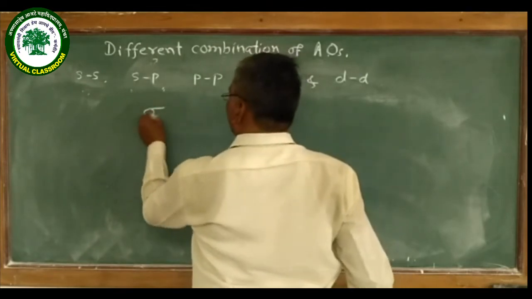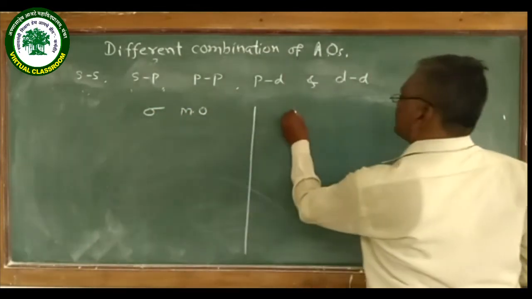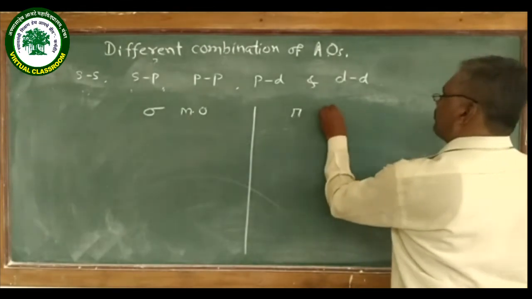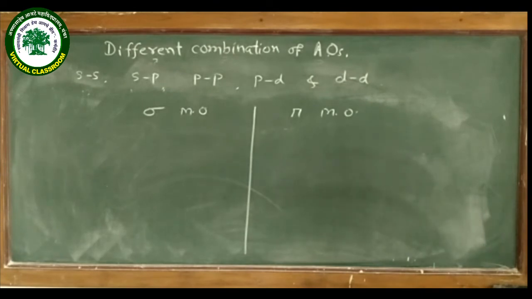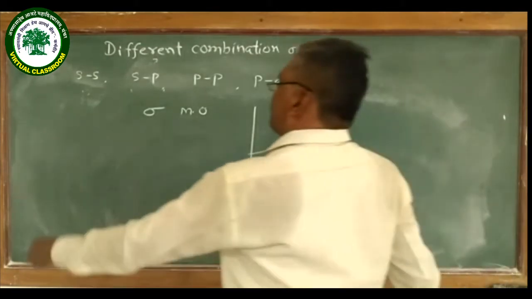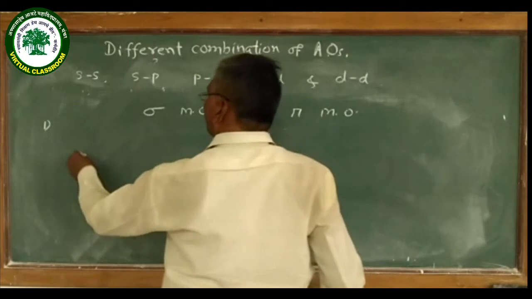So it is sigma molecular orbital, and on this side, pi molecular orbital. We have seen the formation of sigma molecular orbital and pi molecular orbital. So the first point is regarding the formation of sigma molecular orbital.